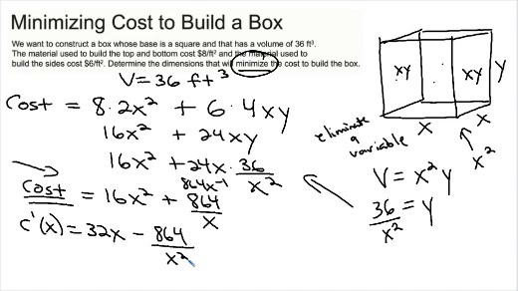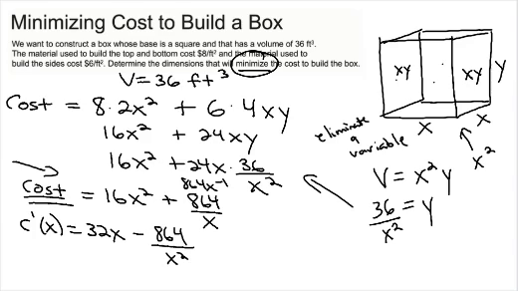I'm running out of space on this page, so let me add a new page here. We had 32x minus 864 over x squared, and we're going to set that equal to 0.